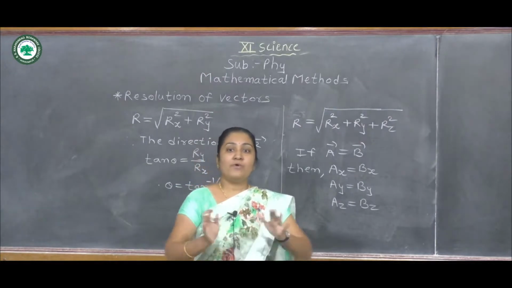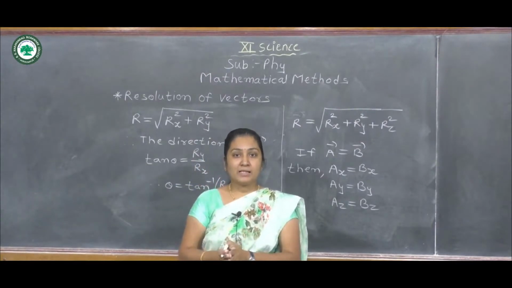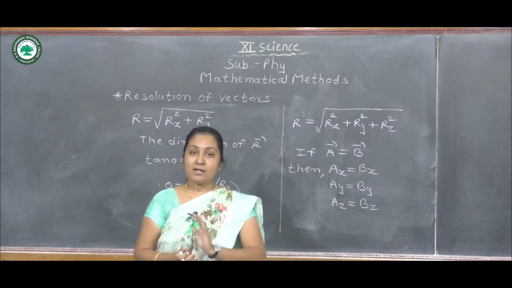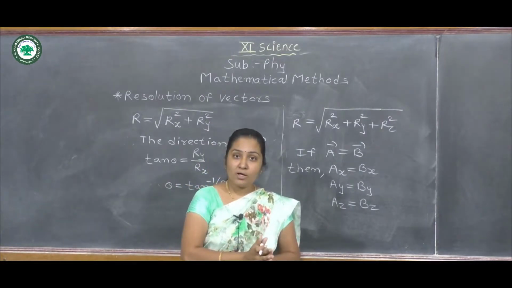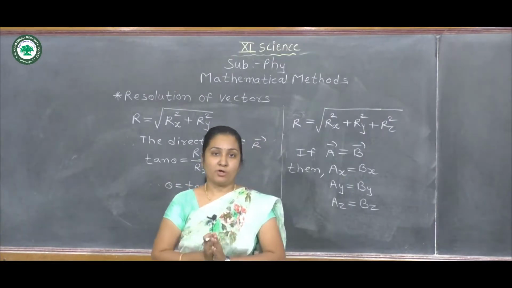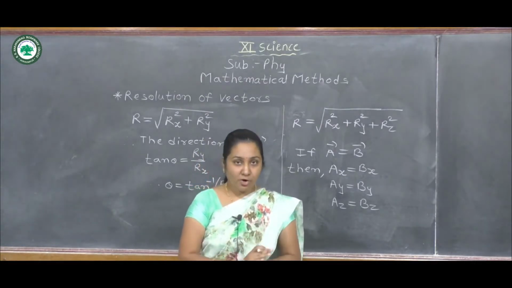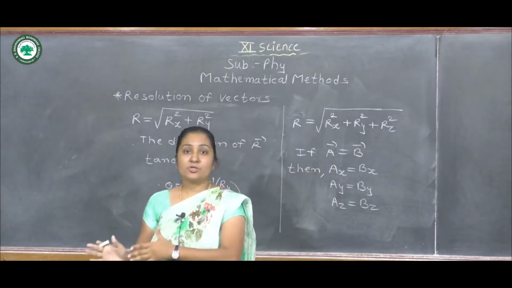When two vectors are multiplied with each other, the product is again of two types: scalar product and vector product. Scalar product is also called the dot product, and vector product is also called the cross product.